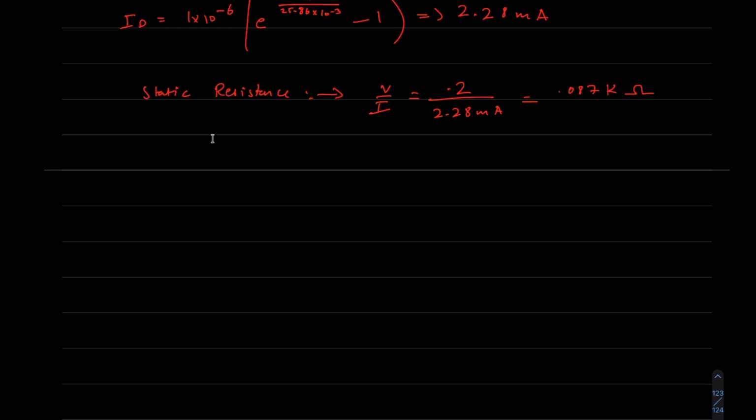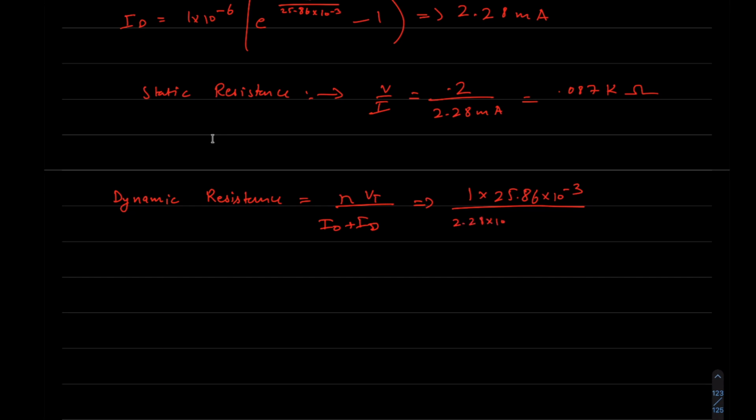For dynamic resistance, our formula is eta Vt over I naught plus ID. Remember this as well, quite important, which is 1 into 25.86 into 10 to the power minus 3 divided by 2.28 into 10 to the power minus 3 plus 10 to the power minus 6.